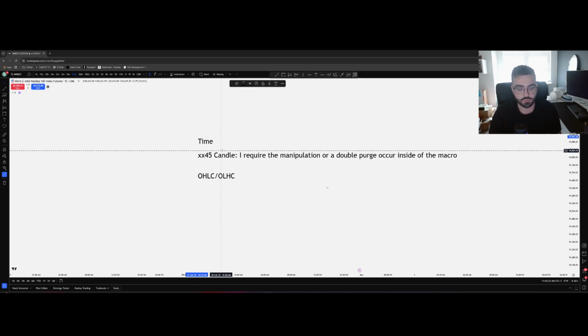You need to have standards for them. The hourly is more important than my 15-minute XX45 candle because it's an hourly candle, so there's a lot of handshaking going on at that point. So that's why it matters to me that the manipulation or double purge occurs inside of the macro.